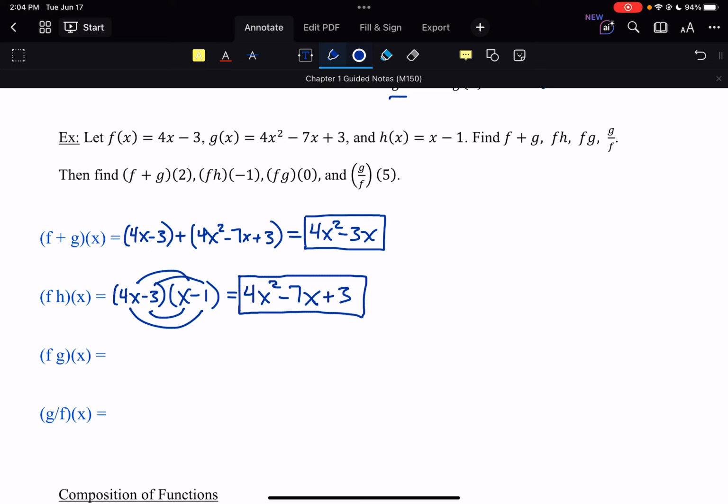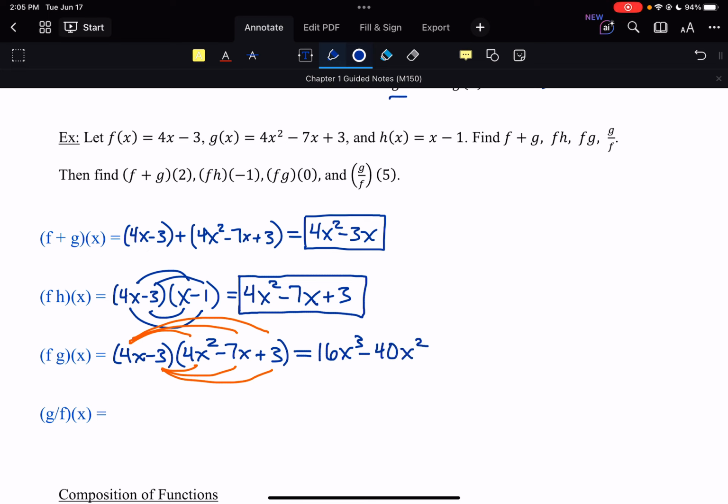For f times g, we get 4x minus 3 times 4x squared minus 7x plus 3. Again, we need to distribute, so the 4x is going to get multiplied by all 3, and the negative 3 is going to get multiplied by all 3. So we're going to get 16x cubed minus 28x squared, and then minus another 12x squared, so that's minus 40x squared.